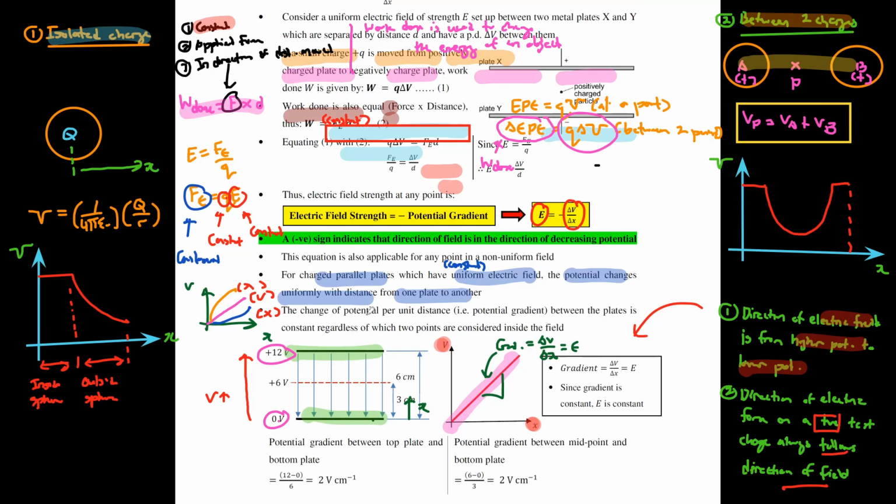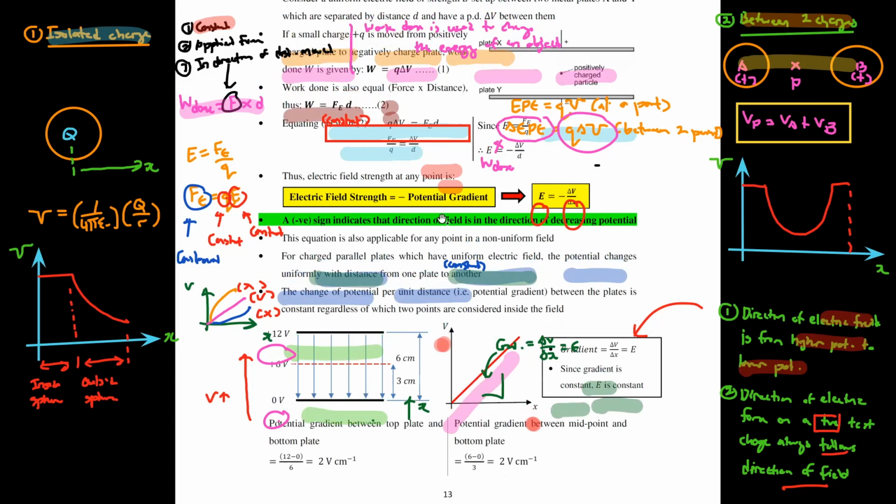So in your case, for charged parallel plates, we already know automatically it's going to have constant electric field strength. So we know that if E is constant, the gradient must be constant. Therefore, it's going to be a straight line, okay? So variation of electric potential with distance for charged parallel plates must always be linear like this, okay?